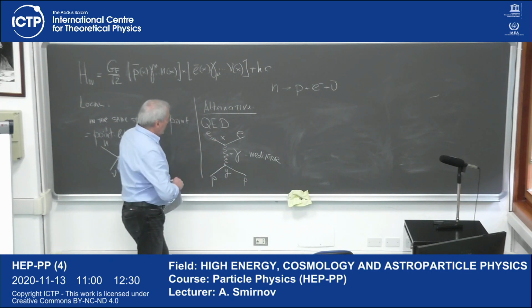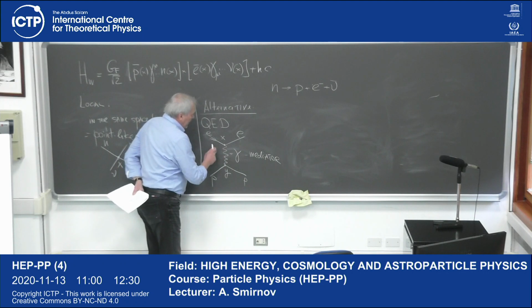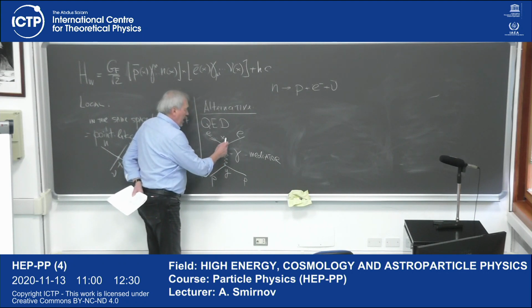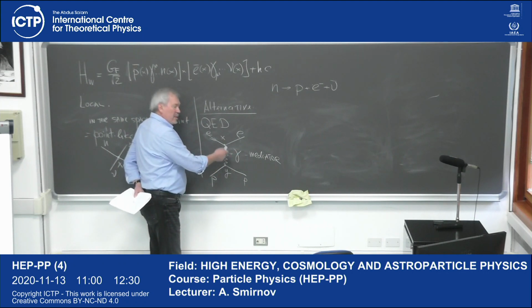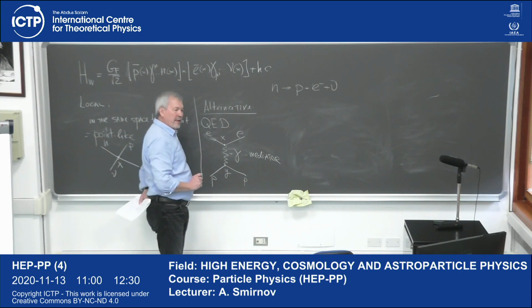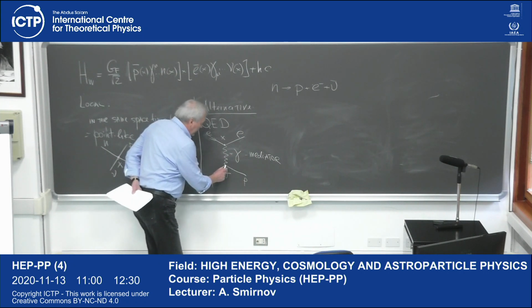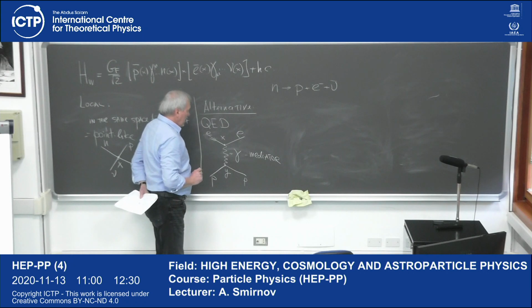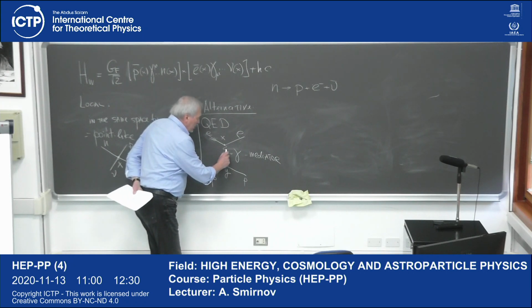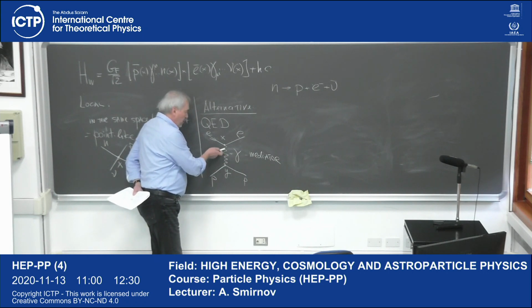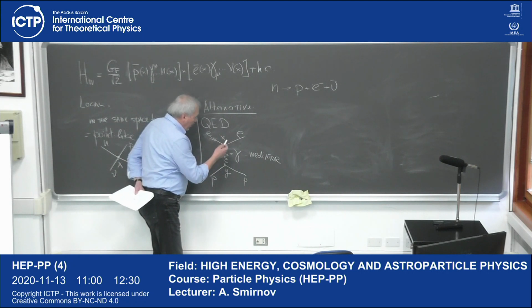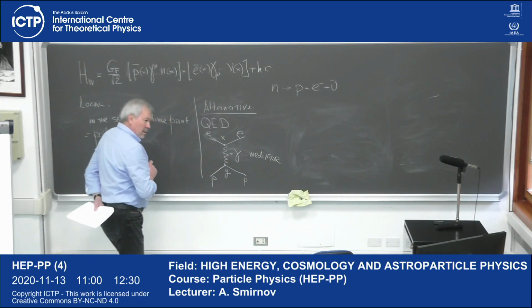What is important here is that this interaction of electron with gamma, which is part of electrodynamics, is a fundamental interaction in QED, and this is also a fundamental interaction. But what is important is that you need some mediator which transfers momentum and energy from one point to another.